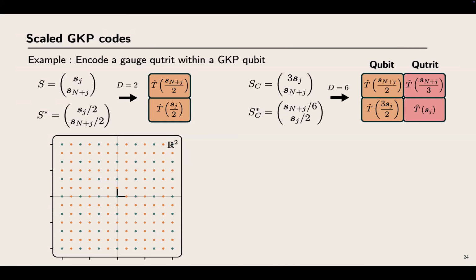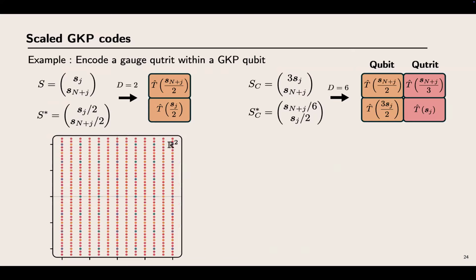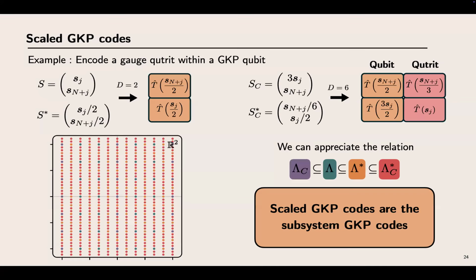And so we'll find 2 pairs now of generators for this lattice. And actually we get as many pairs of generators as there are prime factors in the D here. Okay, so by adding these 3 factors, I get another prime and I can add a pair. And so I find another code that is actually contained in the first code, right? And so we get this kind of structure of grids that are included in the next.